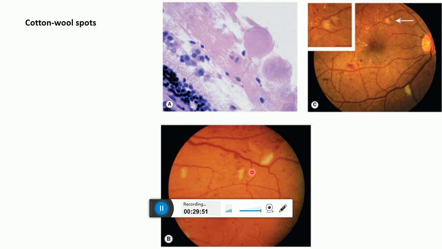The FA shows focal hypofluorescence due to local ischemia and blockage of background choroidal fluorescence. OCT shows cottonwool spots in the retinal nerve fiber layer, which show a hyperreflective pattern in the acute stage. About 80% of the cottonwool spots have hyporeflective cavities appearing as cysts.